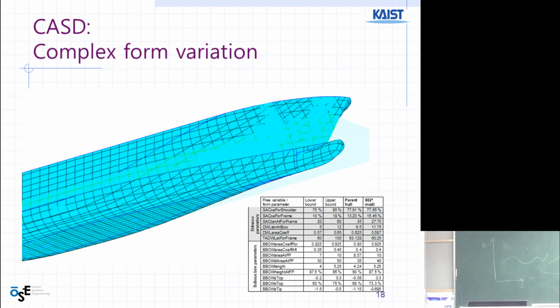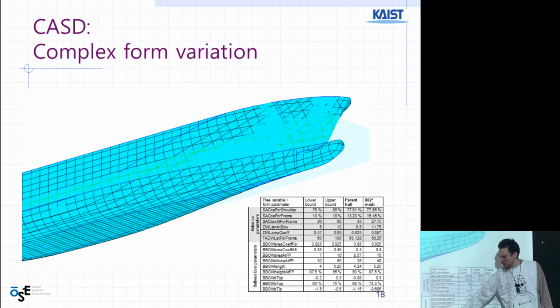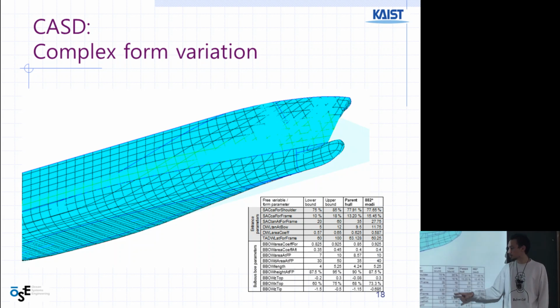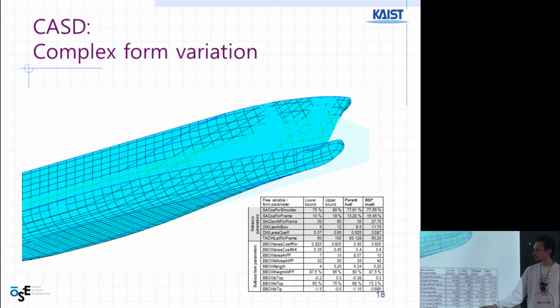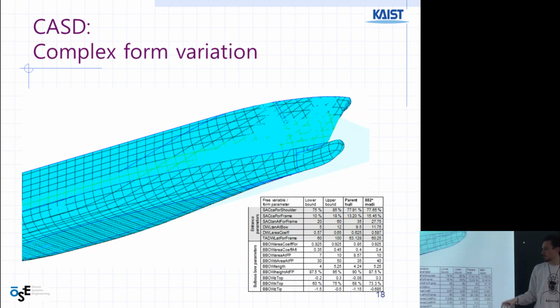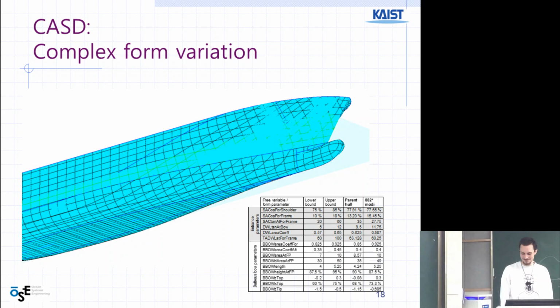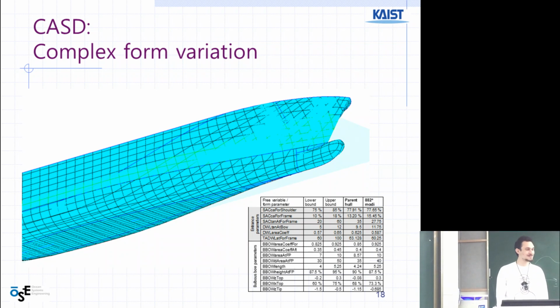For example, here we have some parameters, variables that we set a lower and upper bound and some initial condition, and then we run an algorithm to try to optimize the shape, and it gives us at the end the perfect shape.